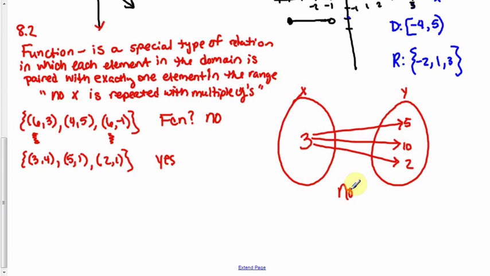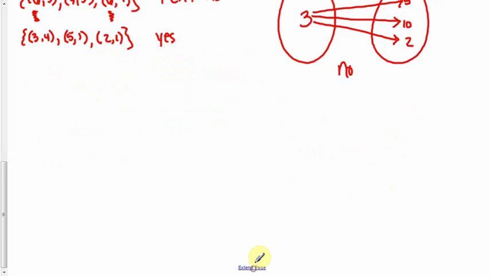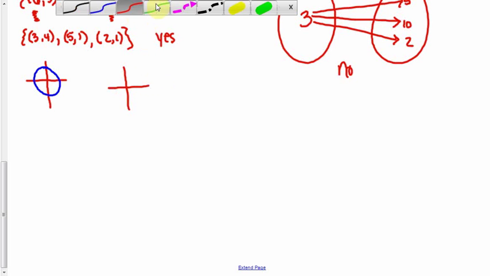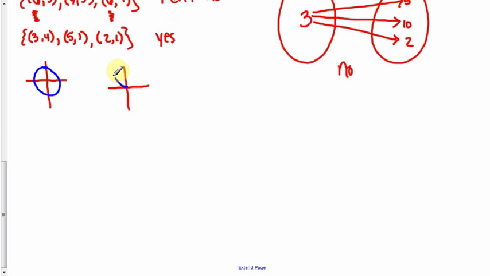Now, you can also look at graphs and determine if they are a function by what is called the vertical line test. I've drawn two graphs up there, and I'm asking you, are these functions?